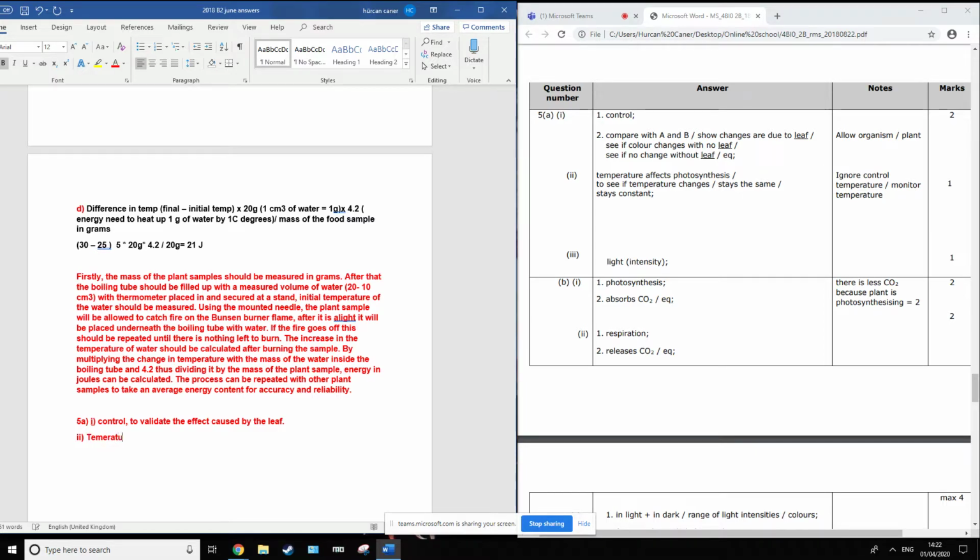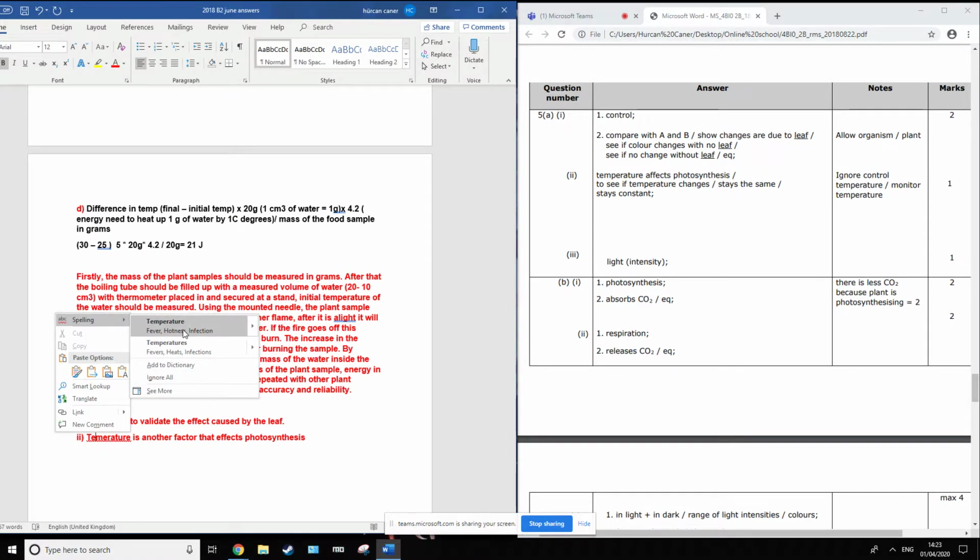Temperature is another factor that affects it. Can I say to keep the temperature constant? They're not doing anything to keep it constant, really. It's just measuring it. Okay. They're not saying that they're keeping it constant.